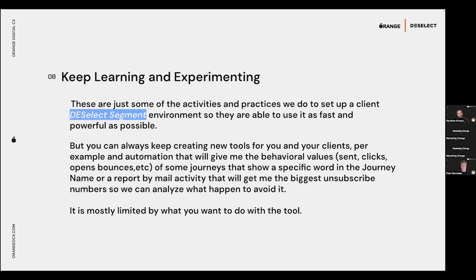While DESelect has this great tool that really speeds your output, where you create your segmentation, your source, your filters. The next step is your target. And it's really, really fast because you just select where you want your data extension to be, if it's sendable or not.